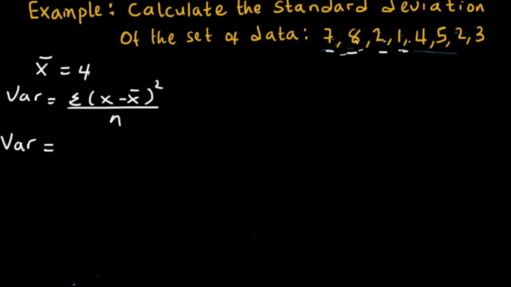Now watch. X 7 minus x bar 4 squared. Because of this summation I add. Next value 8. Do you understand?